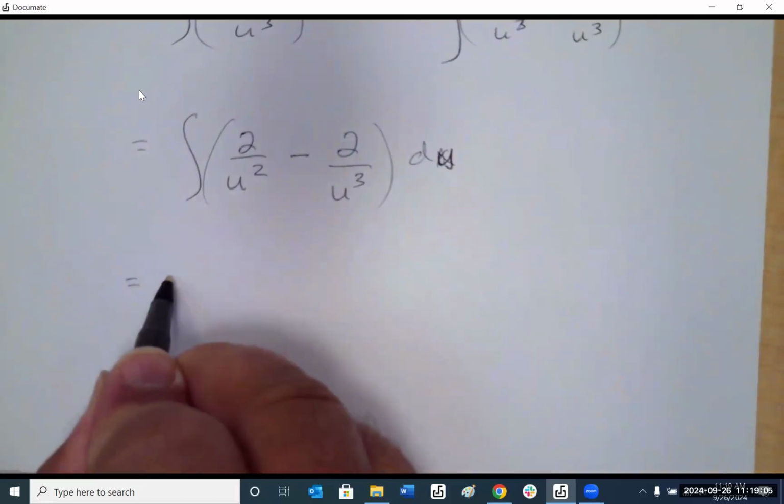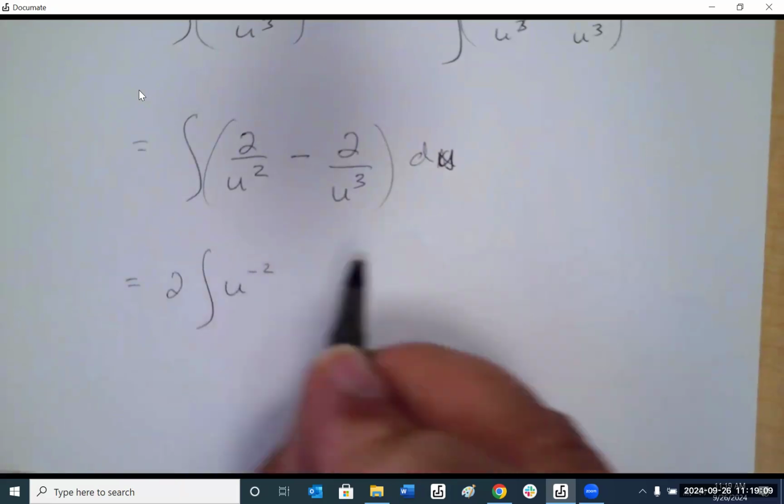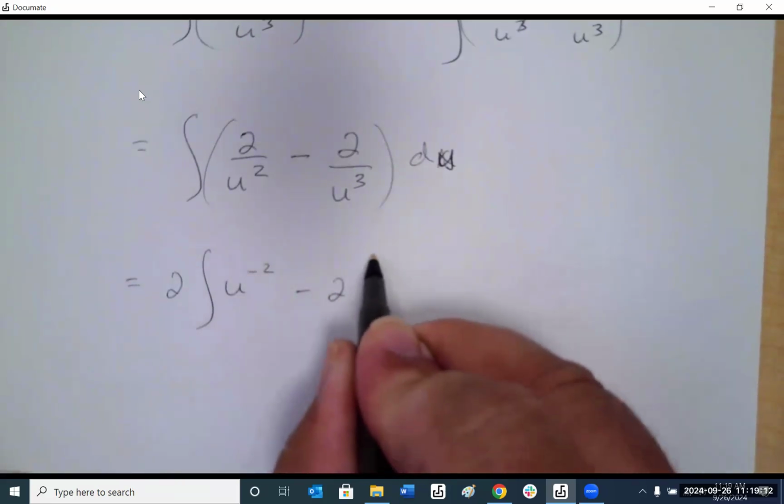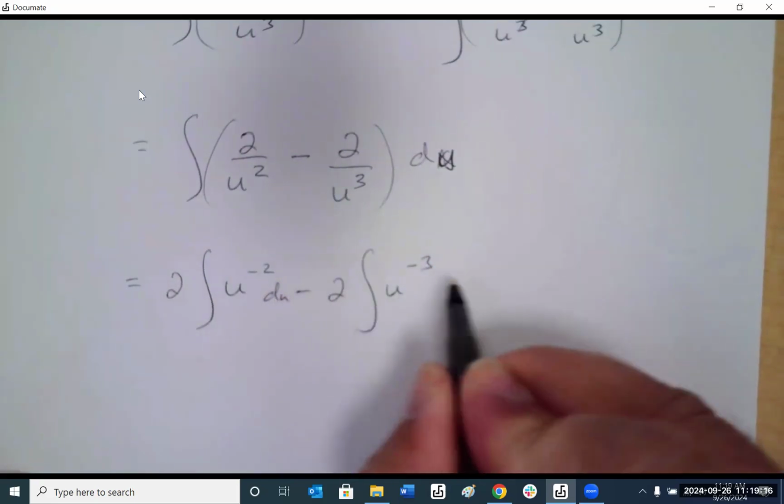What we have here is 2 times the integral of u to the power -2 minus 2 times the integral of u to the power -3. These are both du.